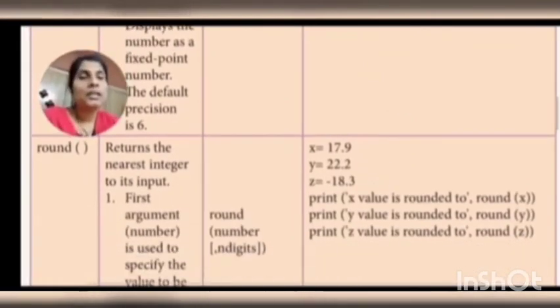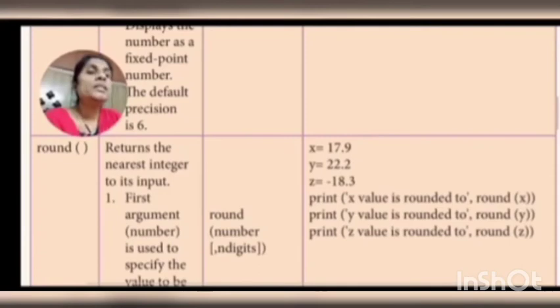This function returns us a rounded off value, that is the nearest integer value. It can have either 2 arguments or 1 argument. So we take x, y and z. The value of x is 17.9, y is 22.2 and z is minus 18.3.